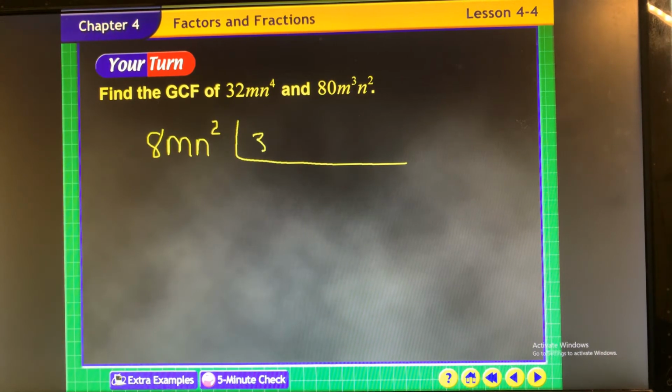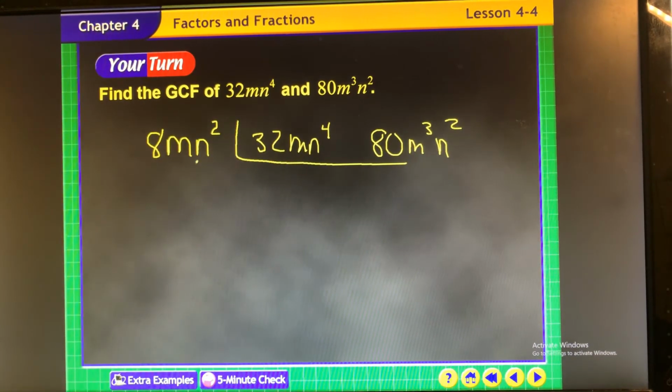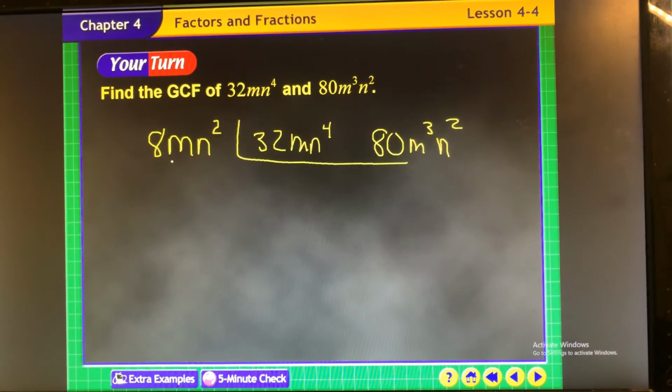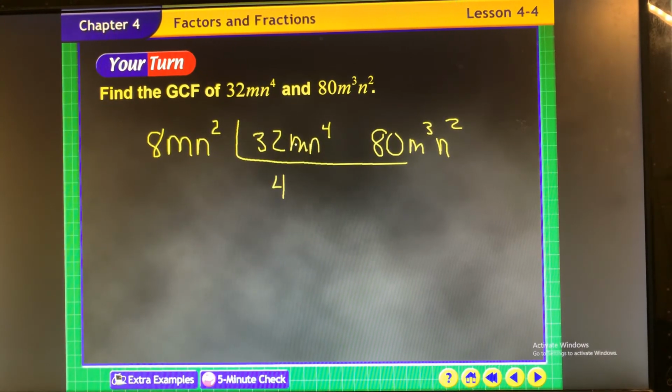So then I have 32mn to the 4th, 80m cubed n squared. Maybe I could take more out than 8. So 8 goes into 32 4 times. I took out the m and I took out 2 n's, so I'm left with n squared. 8 goes into there 10 times.